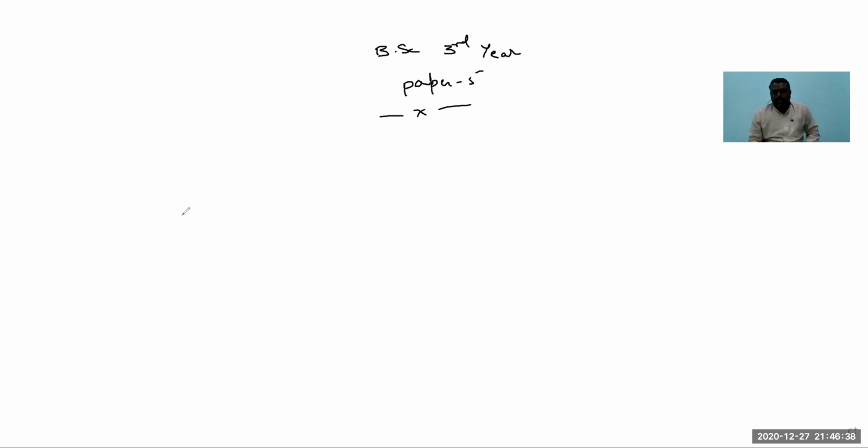So now, last class we discussed 2 by 2 matrix eigenvalues. Now to 3 by 3 matrix.